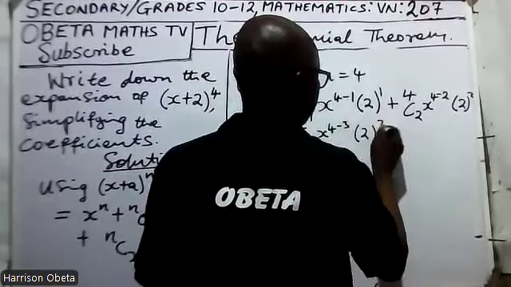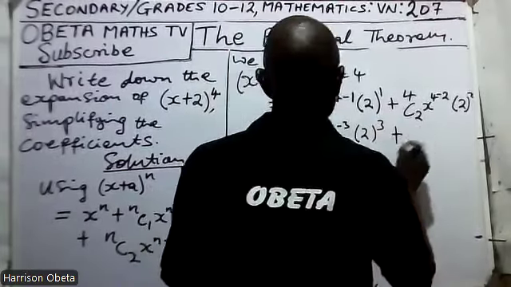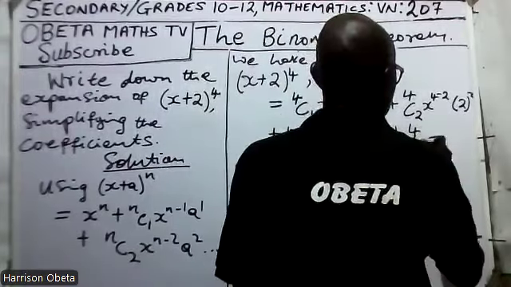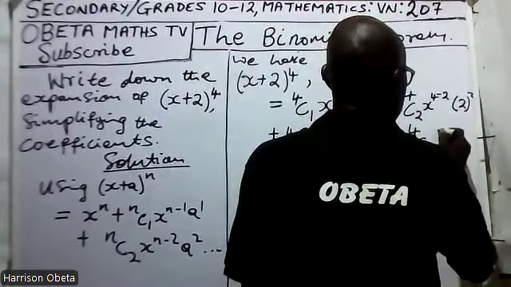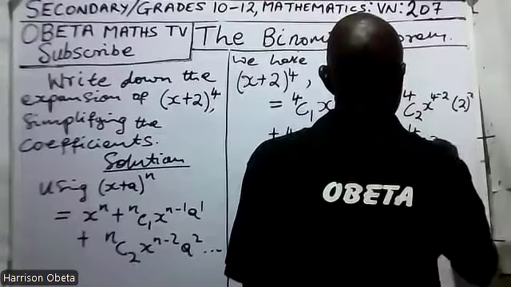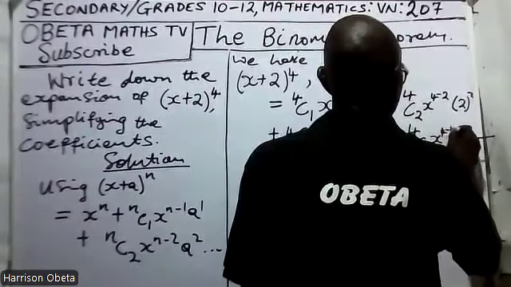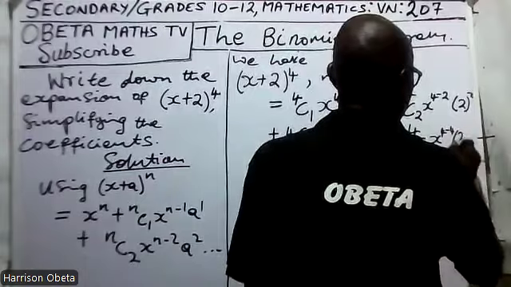Then plus finally, 4 combination 4, x raised power 4 minus 4, then 2 raised power 4.